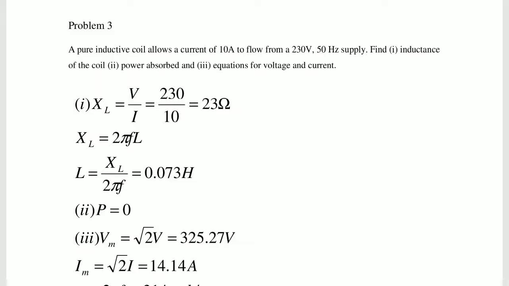So from the problem we got some points. Current is given as 10 amps, that is RMS obviously, and the supply voltage 230 volts is given, that is RMS voltage, and frequency is also given.